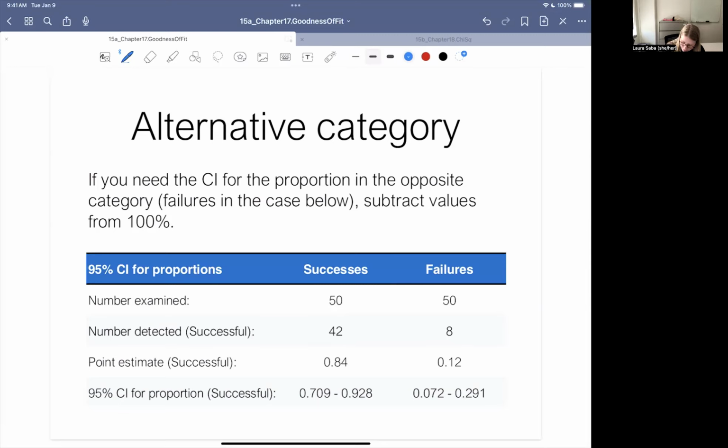And so all we did to estimate failure was to do 1 minus 0.84. Easy to convert if we've already estimated everything. Likewise, we can get the confidence interval from subtracting each value from 1. Right. So this equals this equals that.